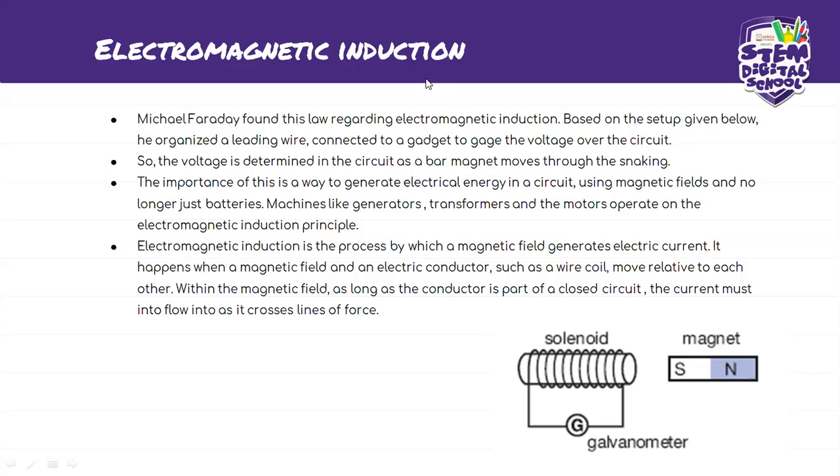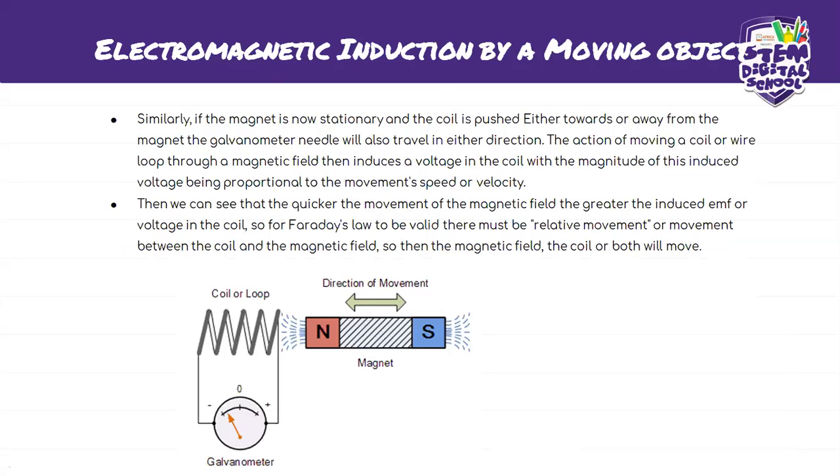Does it make sense? I hope that it does, but we're still together. So here is what I was talking about. You see, this is the magnetic field, this is the coil or loop, and this is our galvanometer. Similarly, if the magnet is stationary and the coil is pushed either towards or away from the magnet, the galvanometer needle, right here, will also travel in either direction.